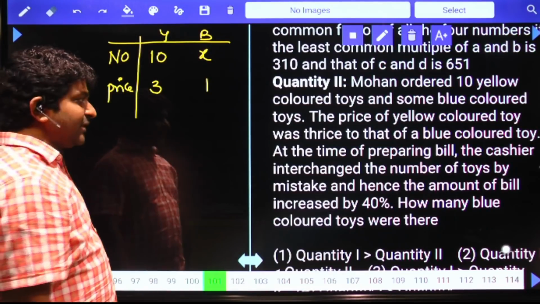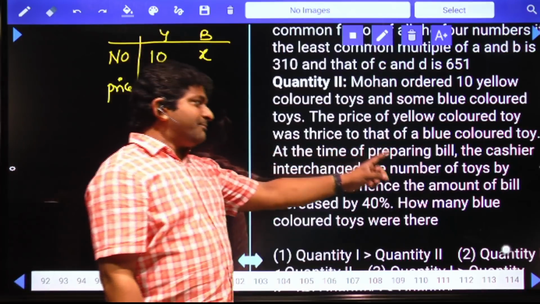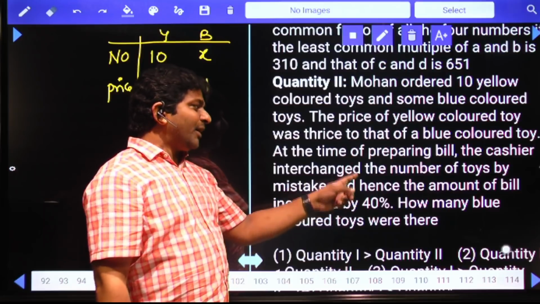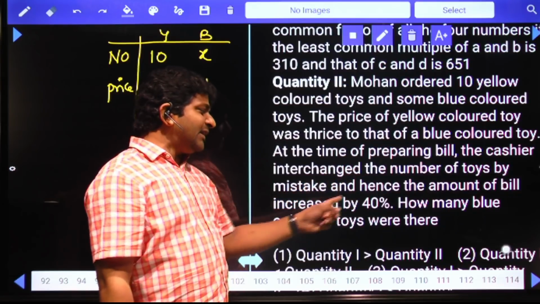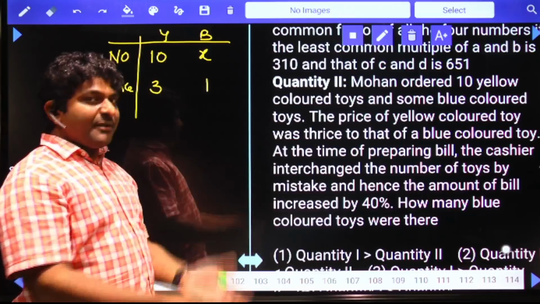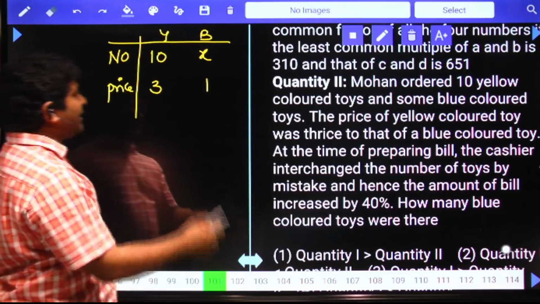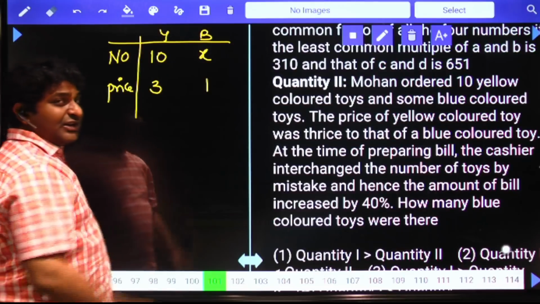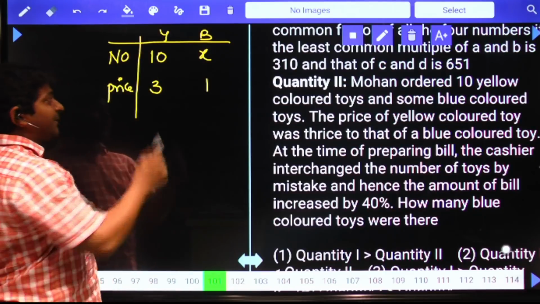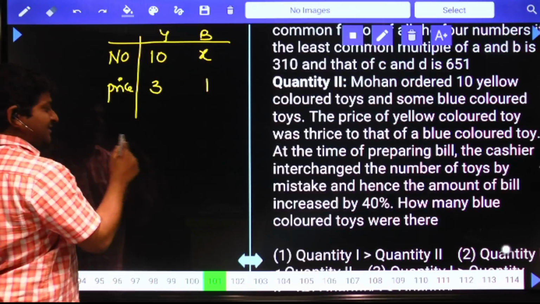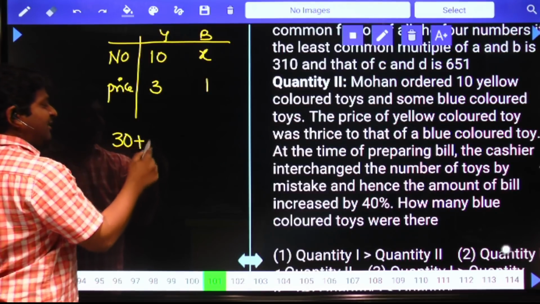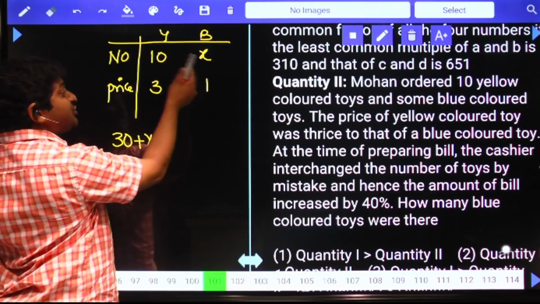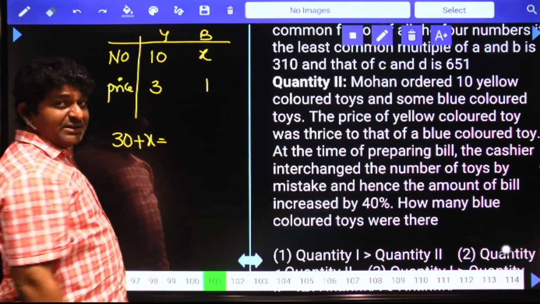That is 3 rupees. At the time of preparing the bill, the cashier interchanged the number of toys by mistake and hence the amount of bill increased by 40%. Wait a minute. Here, these are the initial number of balls and these are the initial prices. Initial cost price is 30 plus X. Now, during billing, he exchanged the number of balls by mistake.